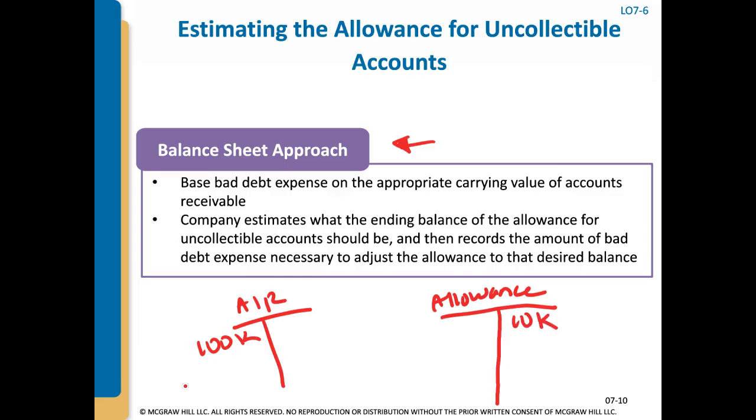And really, the way we record our allowance is through bad debt expense. But it's called the balance sheet approach because we are looking to see what, at the end of the day, do we think we will actually be able to collect? What should our asset be? And then we adjust our asset via the bad debt expense. But anyway, this is just called the balance sheet approach.